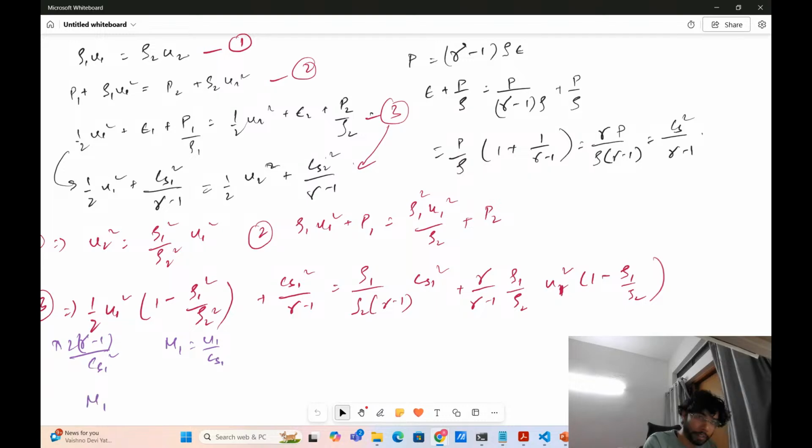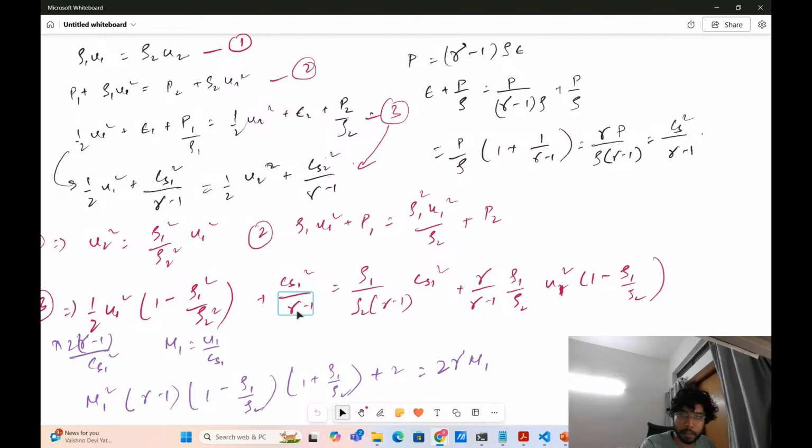So this will come out to be M1 square times gamma minus 1, times 1 minus rho 1 by rho 2, times 1 plus rho 1 by rho 2. So I'm just breaking up this term as 1 minus rho 1 by rho 2 and 1 plus rho 1 by rho 2. And multiplying with 2 gamma minus 1 by Cs square, this term becomes 2. This will be equal to 2 gamma. Wait a minute.